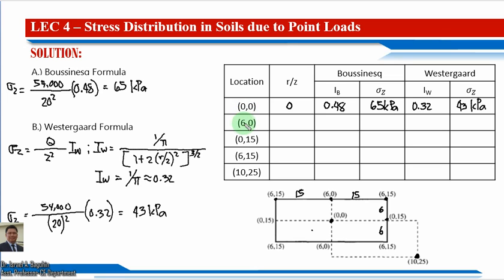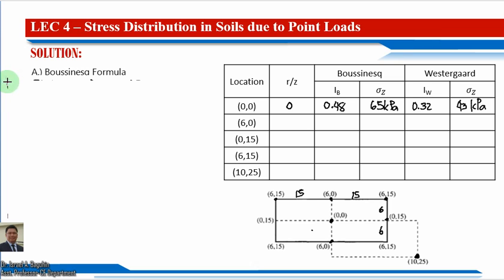Now we are going to proceed using the coordinate of 6 and 0. The stress that we are calculating here is the same as at this point, having the same coordinates of 6 and 0. So again, we are using the Boussinesq formula first, and later we are going to use again the Westergaard.